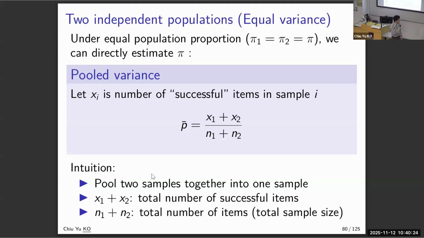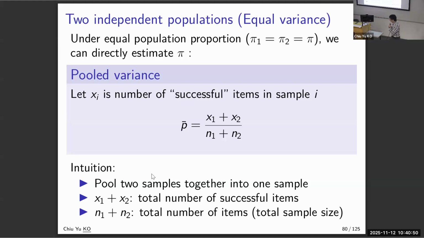If you think that the proportion of people having enough sleep is no different between the genders, then actually you don't have to separate them. You can just look at how many boys and girls you're asking, which is n1 plus n2, and how many people have enough sleep, x1 plus x2, right? You don't actually differentiate.